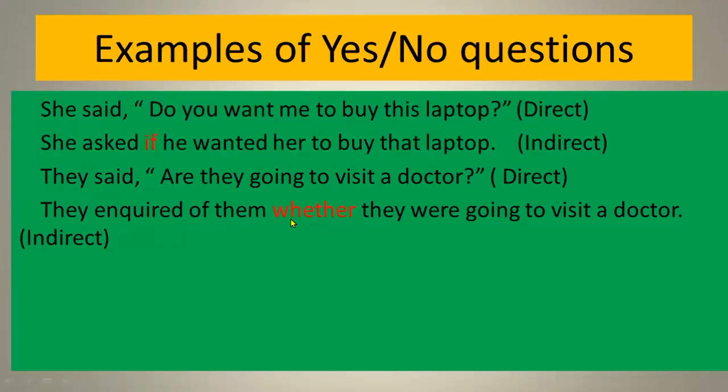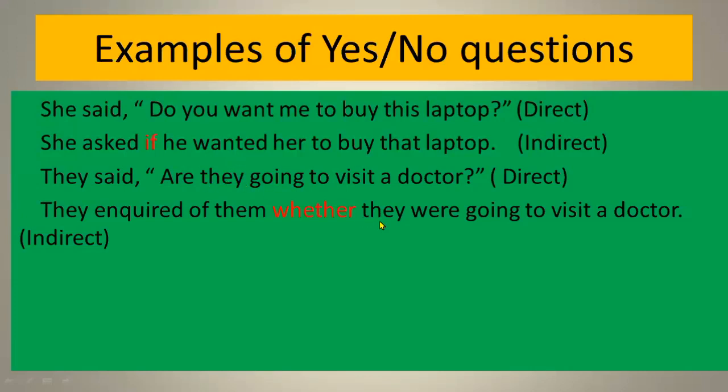Now look at the other changes. In direct speech, in this question, the reported speech is in the present continuous tense. So we will change it into past continuous tense. Let me tell you another very important thing, that when we are changing a question from direct speech into indirect speech, we will place this auxiliary or a helping verb here after the subject.